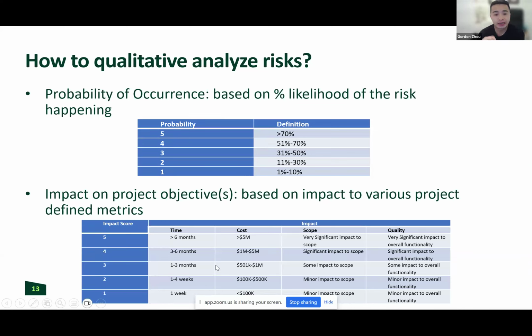Okay. So now let's look at impact. When I talk about impact, it's impact to our goals, or in this case, our project objectives. Let's just use the example. I'm looking at this risk from the perspective of my construction project. If it rains tomorrow, it may cause me to lose productivity.